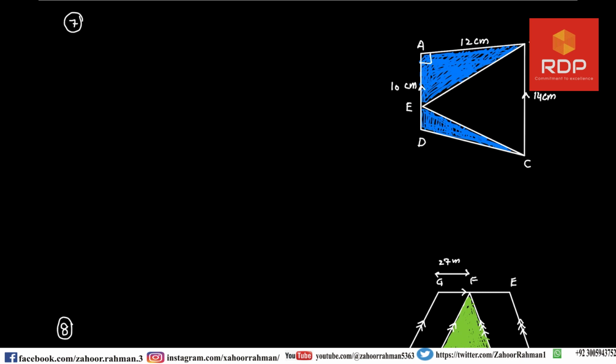There are two shaded regions. First of all, we have to find the area of the trapezium, and then we have to subtract: the area of the shaded region will be the area of trapezium ABCD minus the area of triangle BCE. Let us write it first.